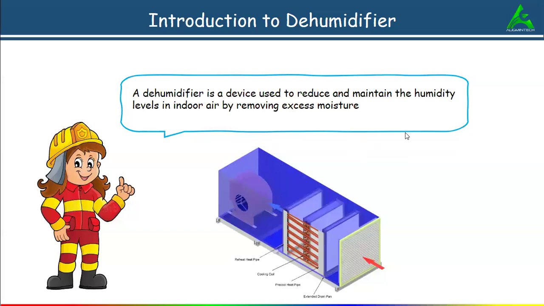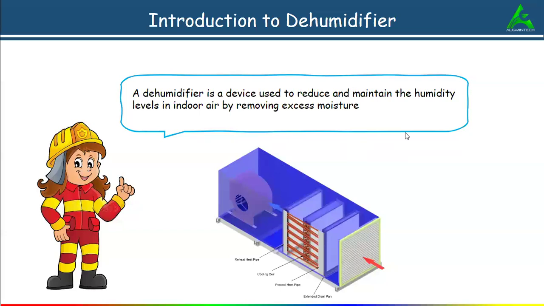If you pass this higher relative humidity air through a heating coil, the air temperature will rise and the relative humidity will decrease. That is how we can control the relative humidity through dehumidification.